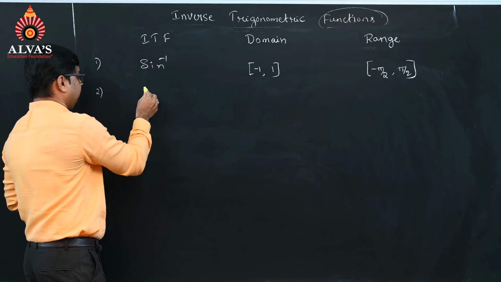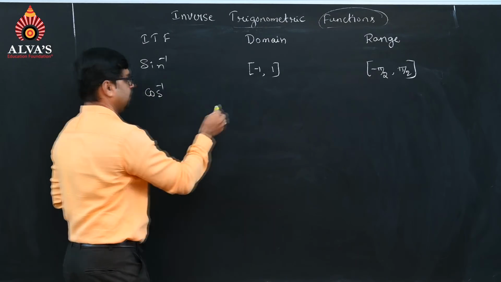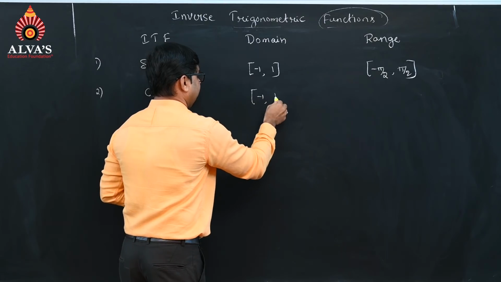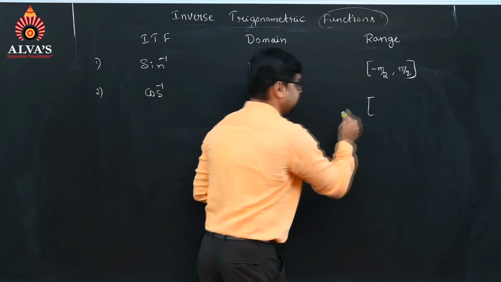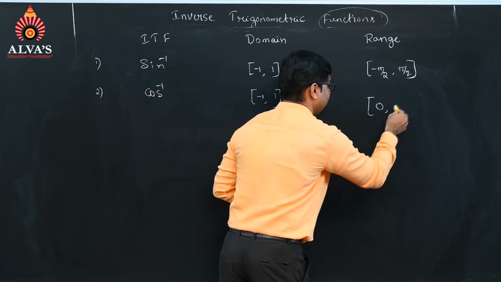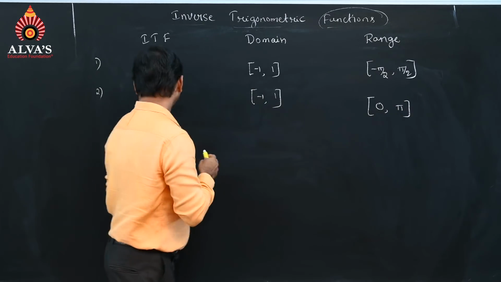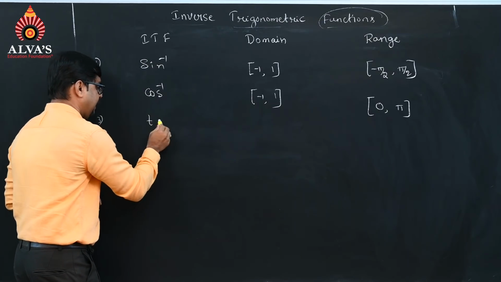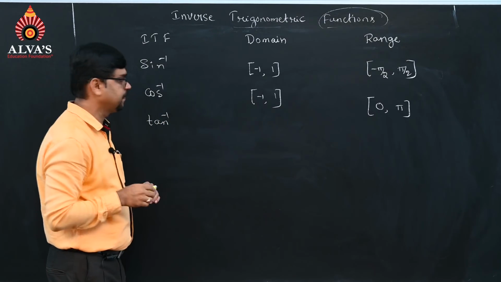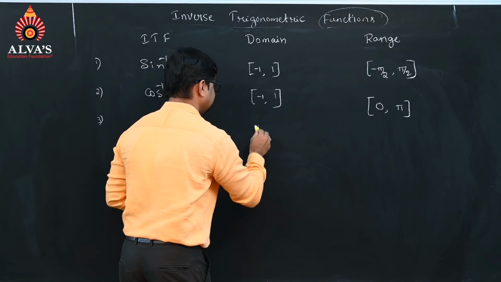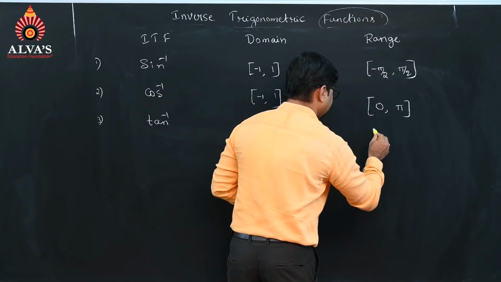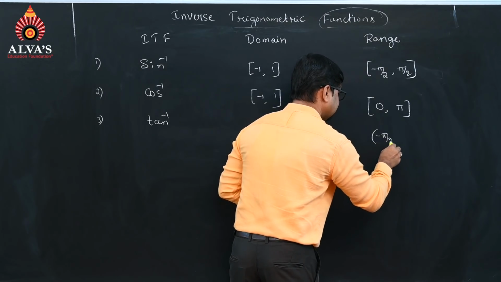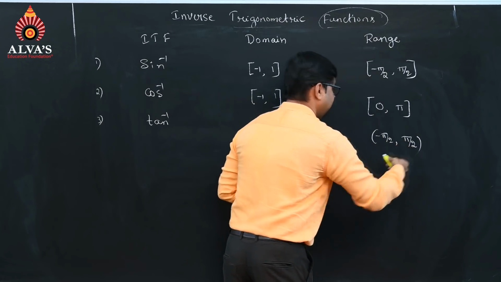Second one, the cos inverse function: its domain is the closed interval -1 to +1, and the range, remember, is 0 to pi. And third one, the tan inverse function: its domain is the set of all real numbers and the range is the open interval -pi by 2 to +pi by 2.